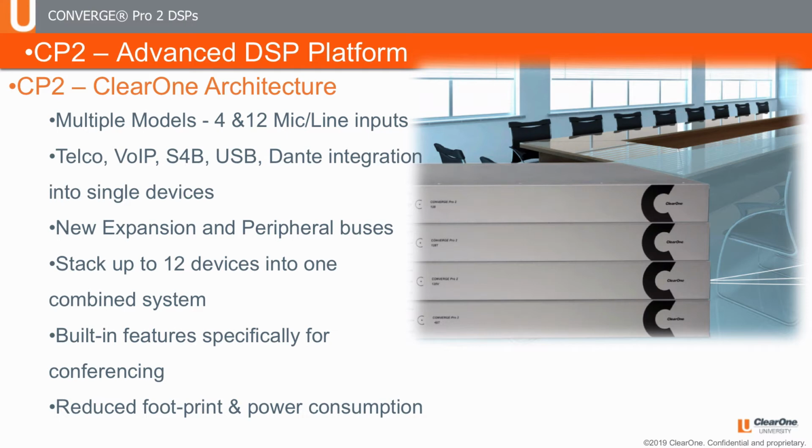It includes 2 new bus structures to make system building easy and save time and money on installation. The CP2 platform is loaded with conference audio specific features such as first mic priority and adaptive ambience that are already implemented or chosen with a simple checkbox. And these DSPs save rack space and power consumption.